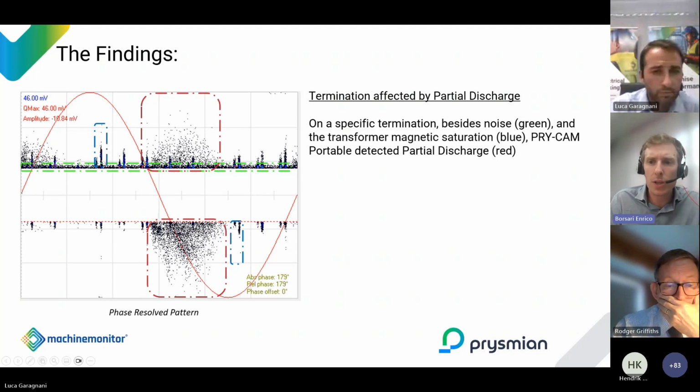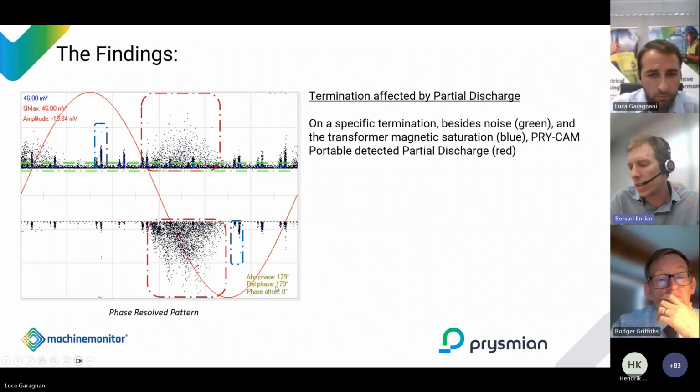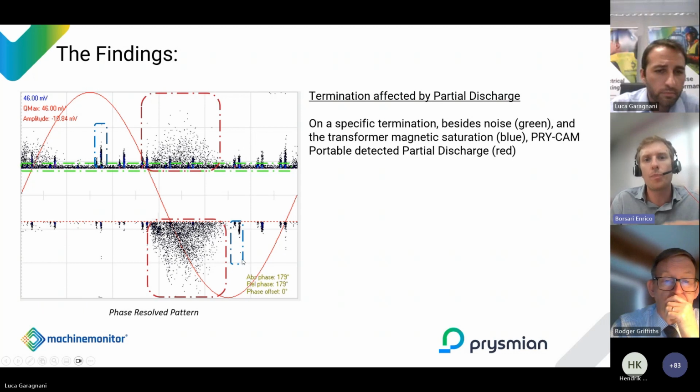As you can see, there are symmetries between the two clusters. There's also a cluster to the very left that we didn't highlight in red, but there are symmetries, and there is a certain level of phase angle alignment with the applied phase to ground voltage cycle there. So this was a clear partial discharge that was found on this termination.